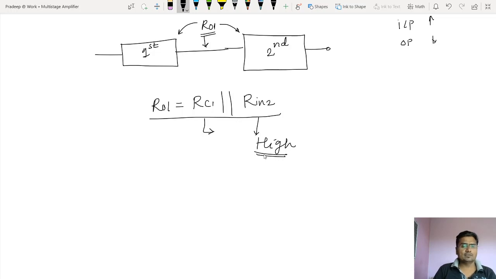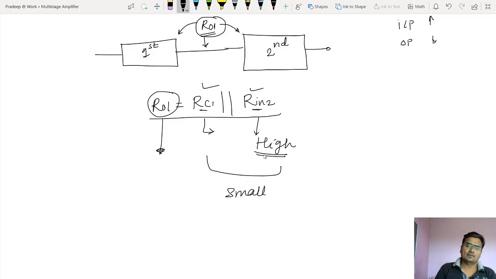Then what will be the equivalent impedance? The equivalent impedance will be a small value. It means the value of RO1 will become very small, is it not? Why? Because RC1 is very small as compared to Rin2. If I compare these two, Rin2 will be very large as compared to RC1, and the combination of this is nothing but RO1, which is very small now. So the first stage has a very small value of RO1.